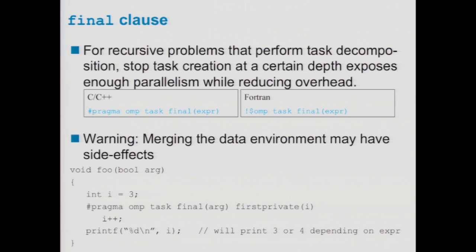If you don't package it up into a separate environment and just execute it as is, it obviously has the value 4. So there are controls in the language about whether the compiler is allowed to merge data environments so that it can do this kind of optimization at lower cost, or whether you want to force it to always create the isolated data environment, because your program is sensitive to making sure that data environment is always created.